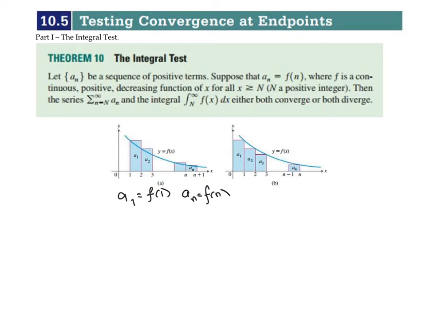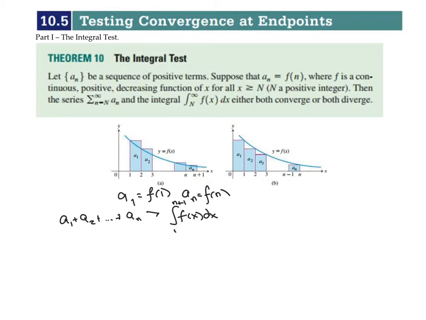Now, let's compare a couple of things. Notice in the left example that the LRAM, a1 plus a2 plus ... plus an, is pretty clearly greater than the integral from 1 to n plus 1 of f of x dx because it lies above the curve.